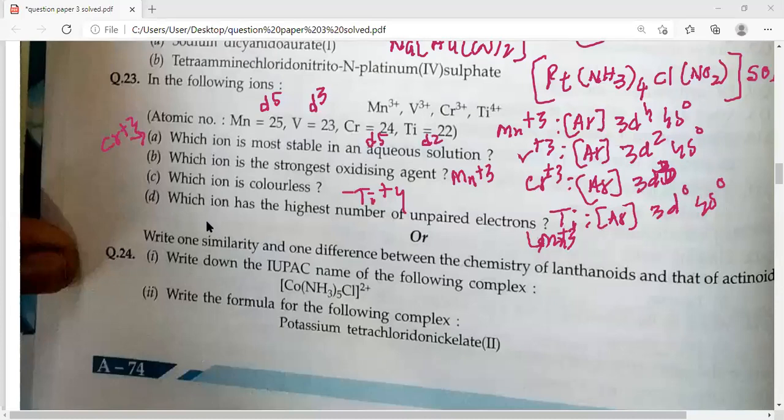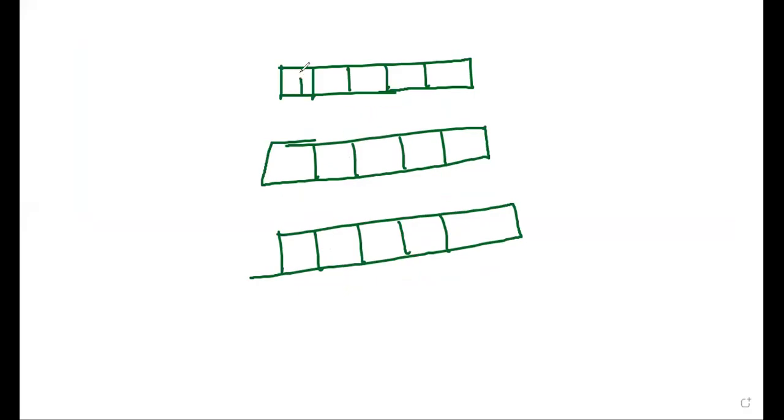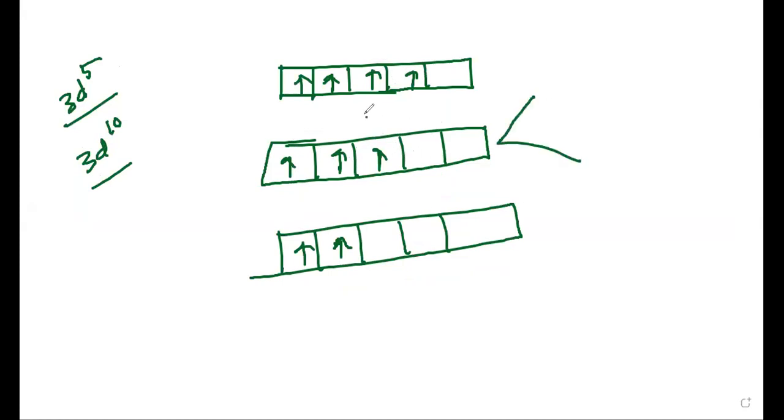So let's look at, see, we have 3d4. This is 1, 2, 3, 4. We have 3d3 and we have 3d2. Now you can see that the most stable is 3d5, which is half-filled, or even more stable is 3d10, but these two are not available. So here, if you look into this 3d3, my dear students, if it undergoes splitting, then we can have this type of orbital.